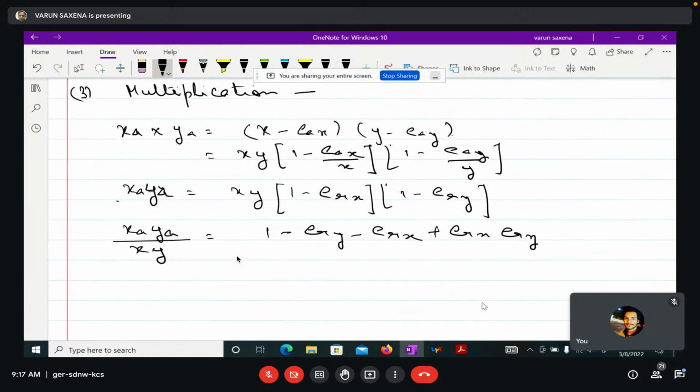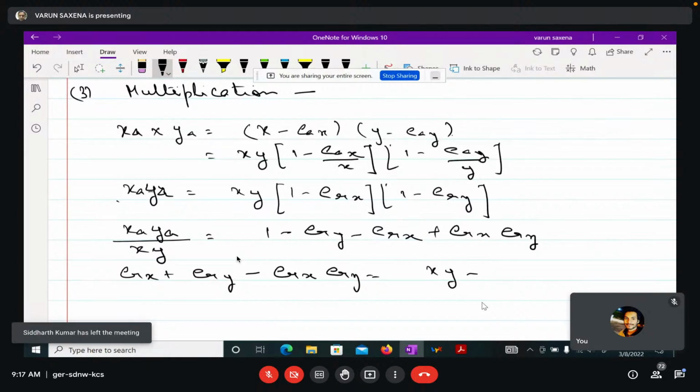So let's take them on the other side. So you could say that erx plus ery minus erx ery. Excuse me, sir. Yeah. So wouldn't the entire thing in the bracket be the relative error? No, it would not. This entire thing in the bracket, this is what you're saying? Yes, sir, like 2-3 lines above. Equals xy bracket 1 minus eax by x bracket close. Yeah.